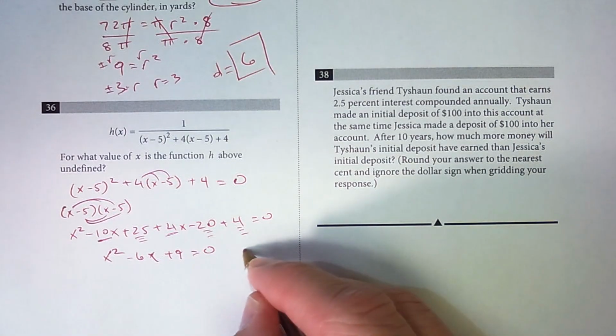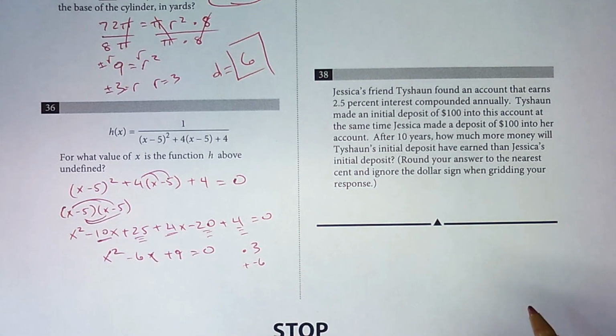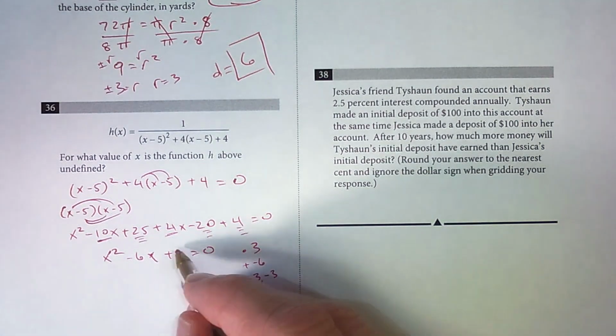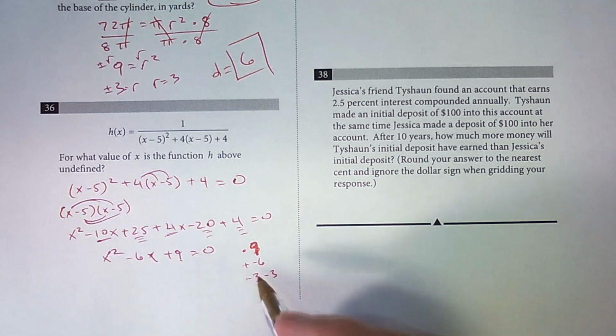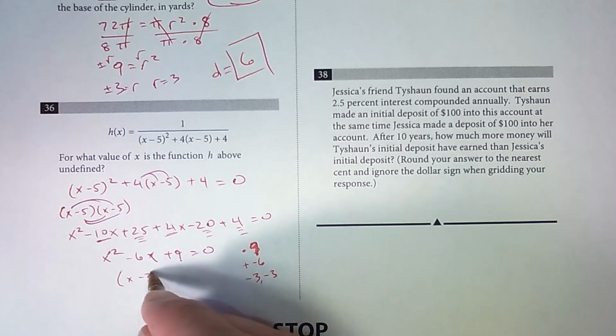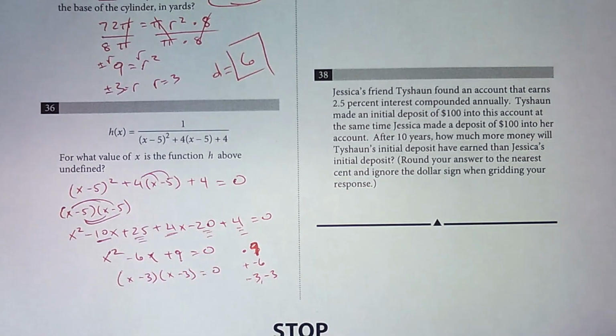And then I can factor: what multiplies to 9 and adds to negative 6? Negative 3 times negative 3 is 9. Negative 3 plus negative 3 is negative 6. So we have x minus 3 times x minus 3 equals 0.